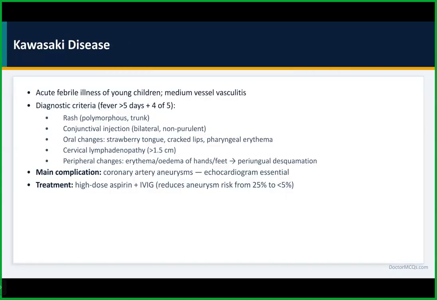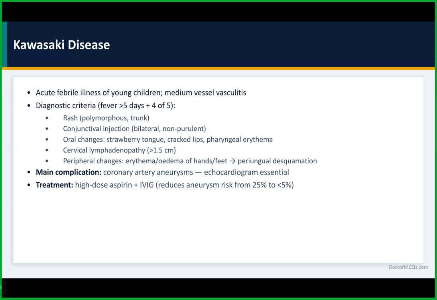Okay. Next disease is Kawasaki. Basically, it's an acute condition in young children. Everybody knows it's a medium vessel vasculitis. It is diagnosed mostly if the patient has more than 5 days of fever along with rash, an eye problem like conjunctival injection, oral changes, cervical lymphadenopathy, or peripheral changes; then definitely this condition is Kawasaki disease.